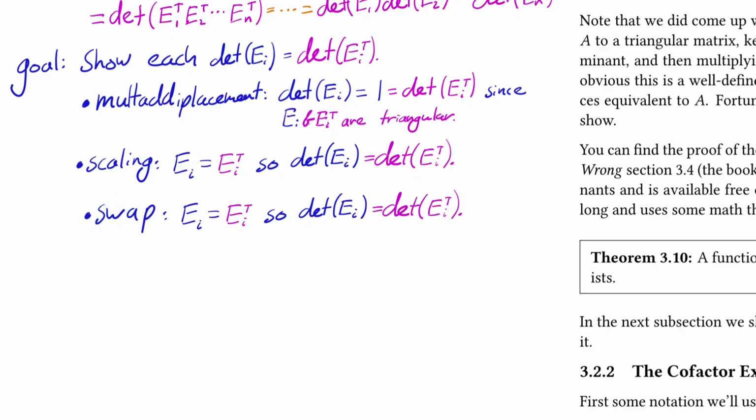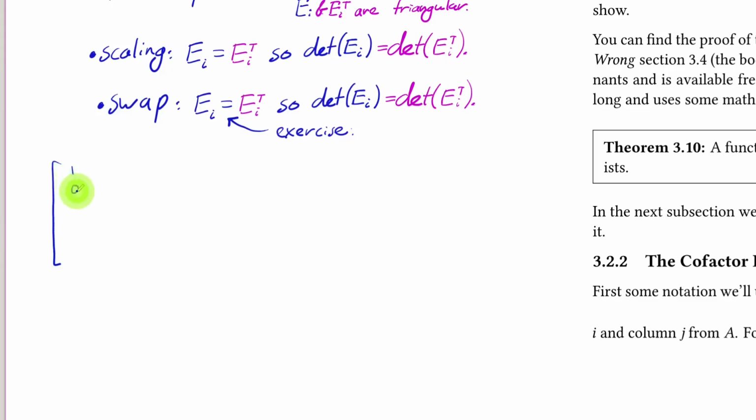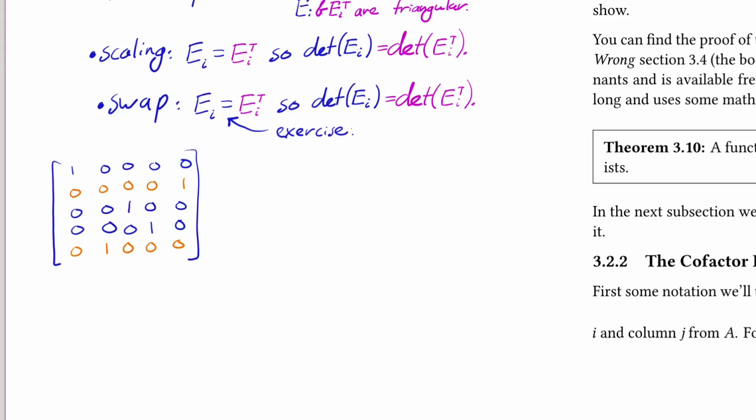Why that is, that was an exercise that I think is in the 2.4 homework. Maybe we can just see a quick example of why it works here. So this would be an elementary matrix for a swap. If we swap row 2 with row 5, this is what you get. And you can tell that the transpose of this is still going to be the same thing.